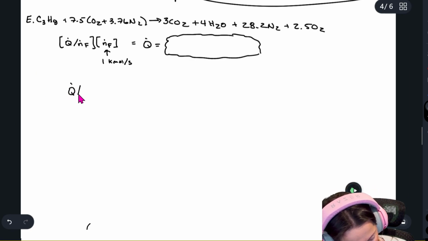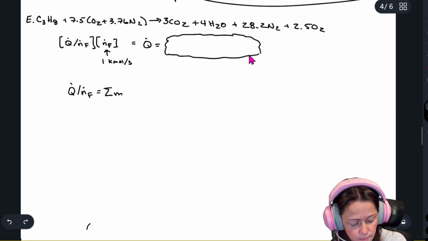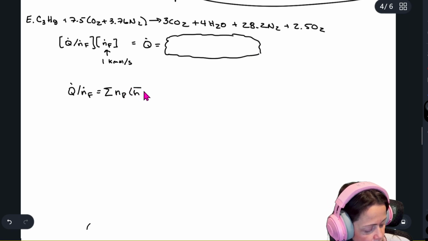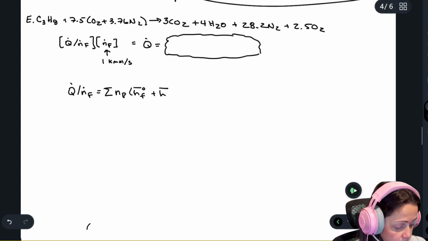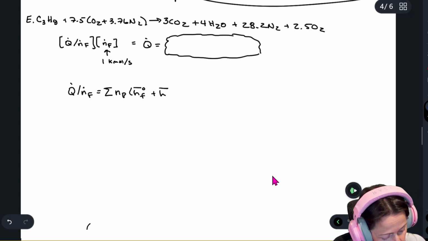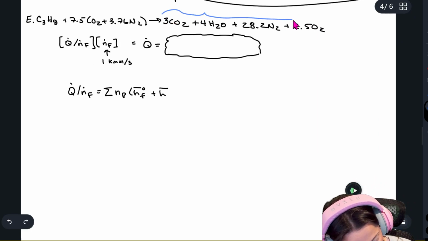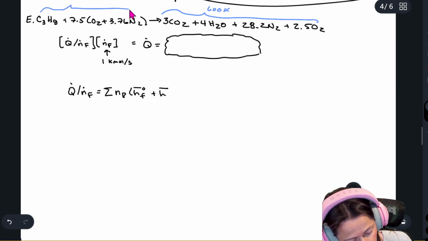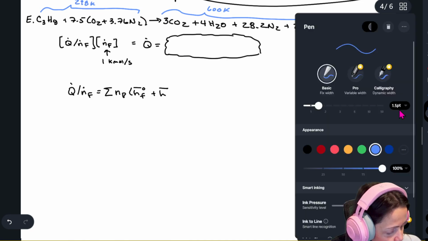Q dot over N dot F, my first law tells me that this is going to be the sum of the number of moles of product times enthalpy of formation plus the enthalpy at whatever temperature those products are coming out at. Well, everything, all this stuff, is coming out at 600 Kelvin. And luckily all of our reactants are coming in at 298 Kelvin, which makes things super nice.